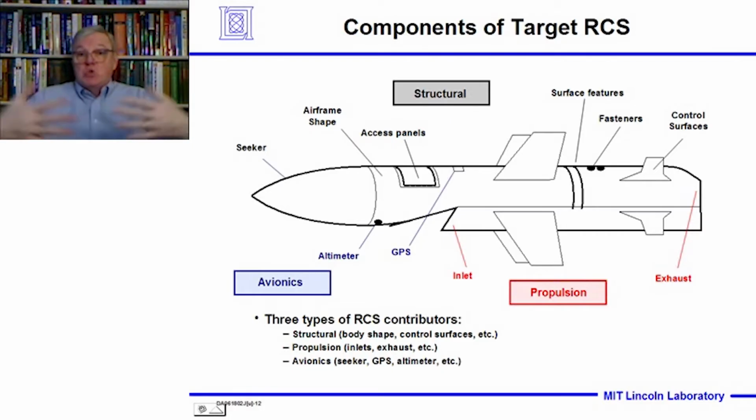And so these induced currents generate themselves electromagnetic waves, and they're the reflections that you see back. But you've got this very complex object with all these things going on, and the electromagnetic wave interacts with all of these different body shapes, control surfaces, inlets, exhausts, seeker ports, fasteners, differently, and they all add up together, and they give you the sum total of the electromagnetic energy back.